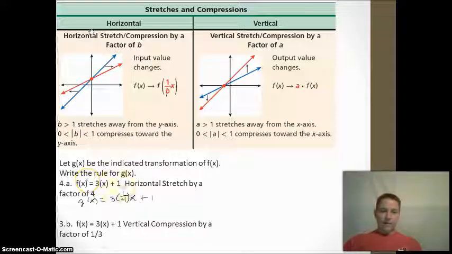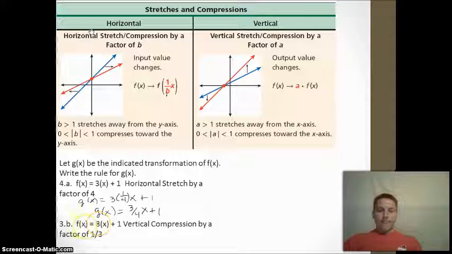Because remember, in horizontal stretches, it's only the x that changes. So our new g of x is 3/4 x plus 1. So our slope changed, but not our y-intercept. So that's a horizontal stretch by a factor of 4.